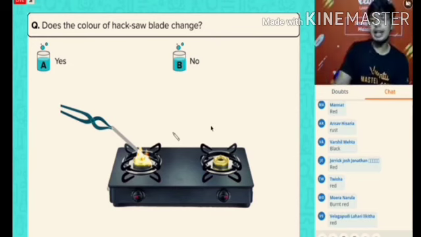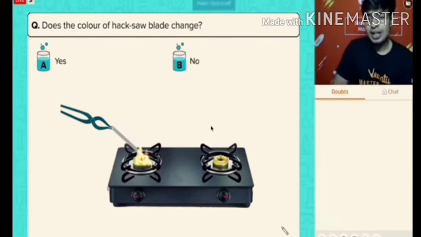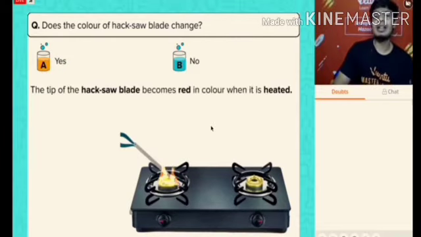Exactly. Now, is that a change? Yes, of course, that is a change that happened over there. When it is heated, the change is happening.